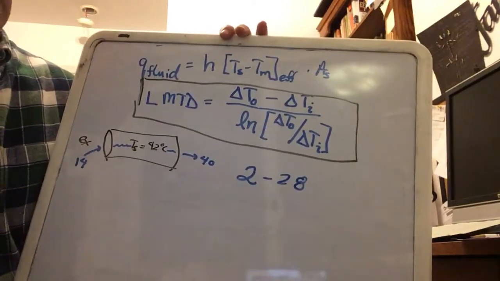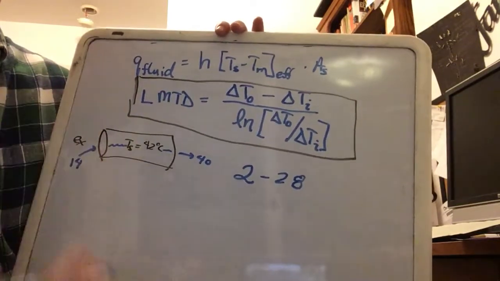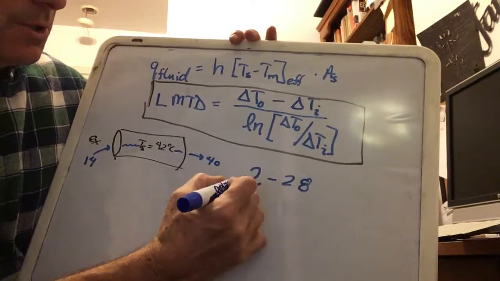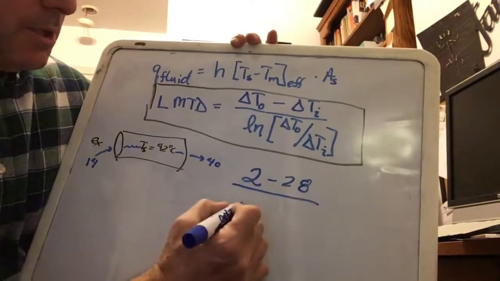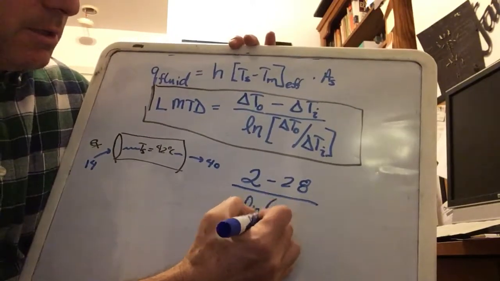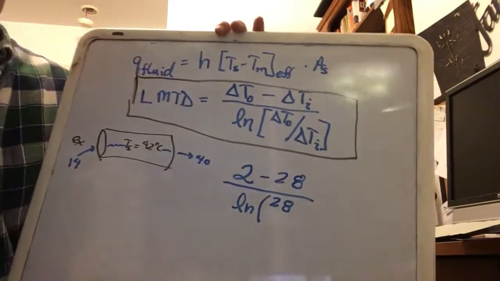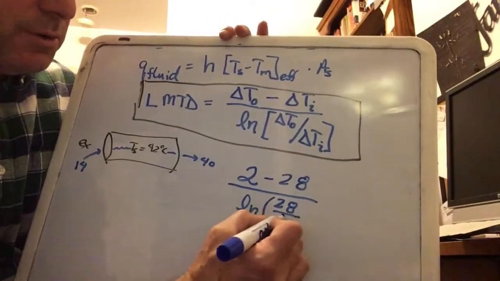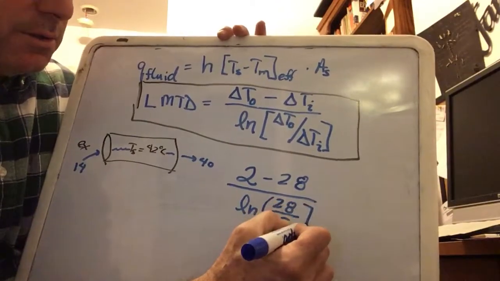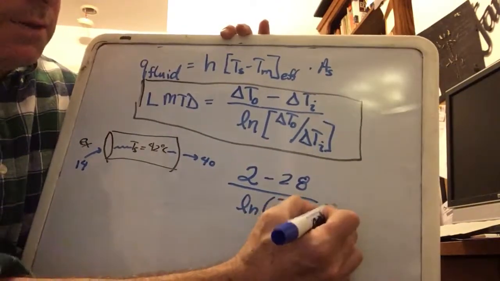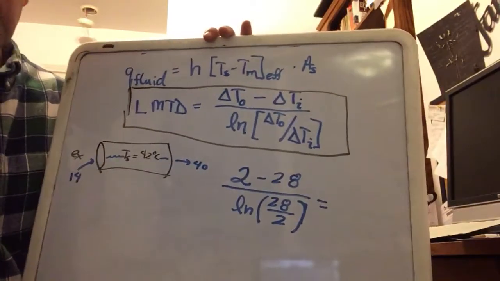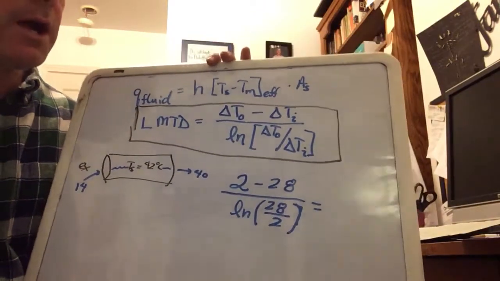We should get a positive number because the surface temperature is hotter than the fluid temperature. But we still have to do the denominator. So natural log of delta TO, 28, divided by delta TI, which is 2. Whoops. Okay, it's time to take a break from just looking at the whiteboard. Pull out your calculator and give it a try. I'll do it myself and we'll see if we get the same numbers.